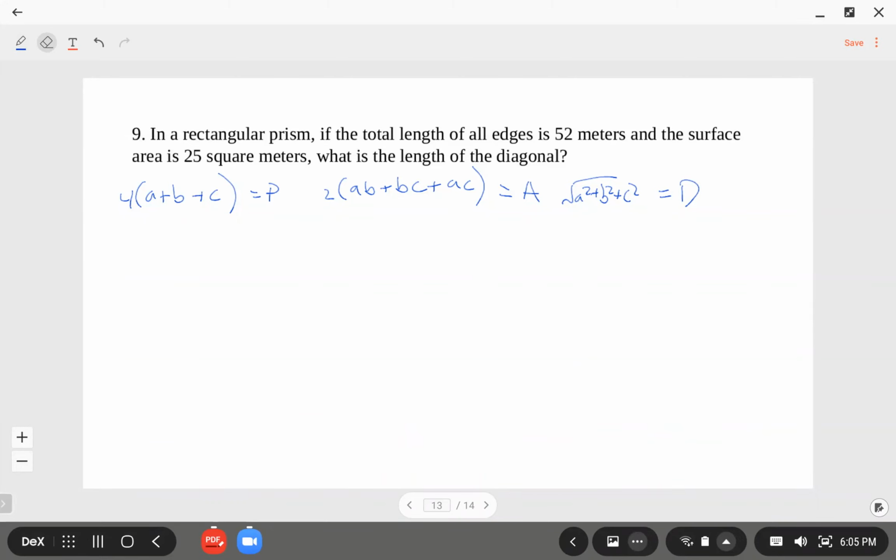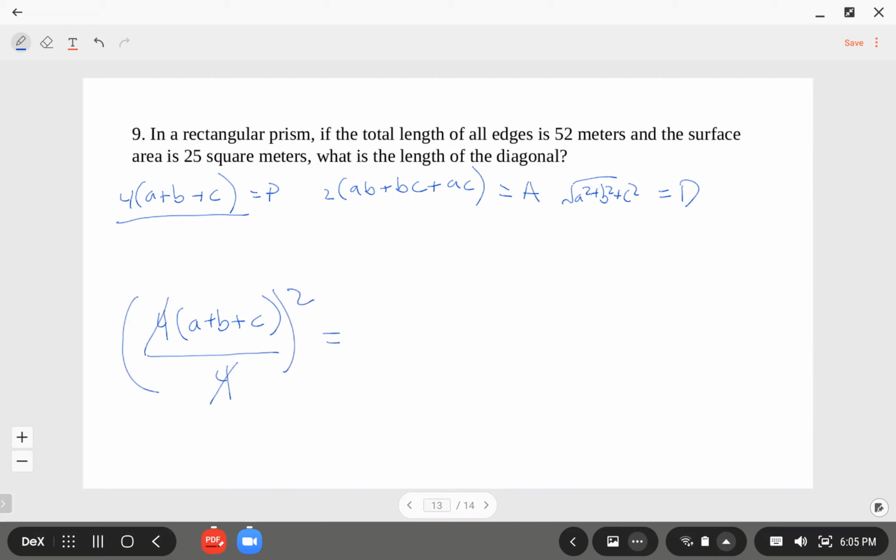You have a, b, c right here. So what we need to do is take 4(a plus b plus c) over 4, which just gets rid of the 4, so that's going to be (a plus b plus c) squared.